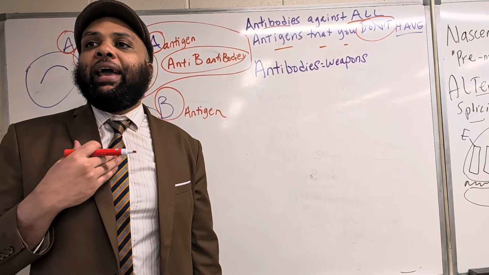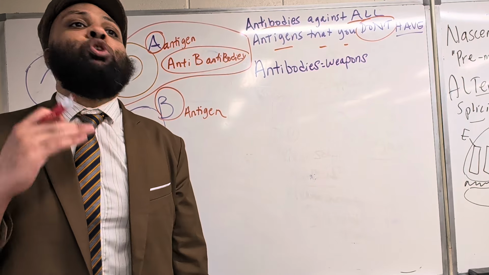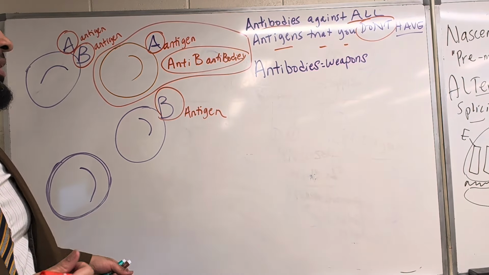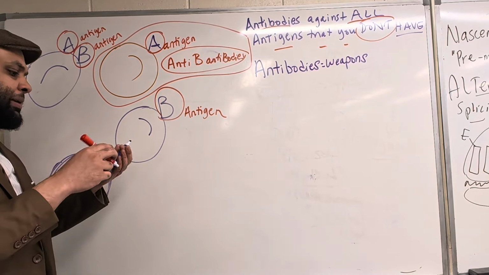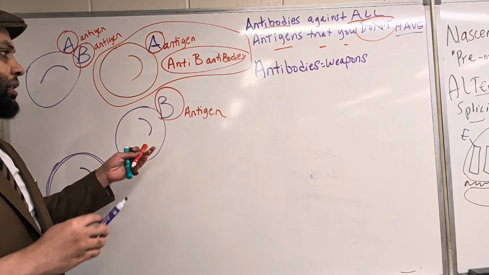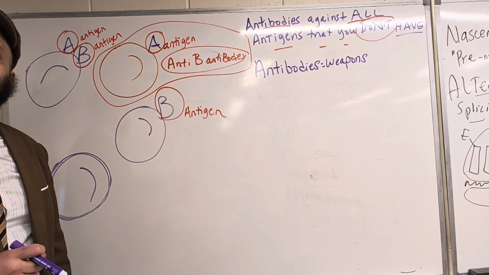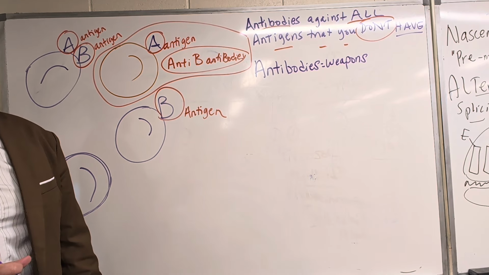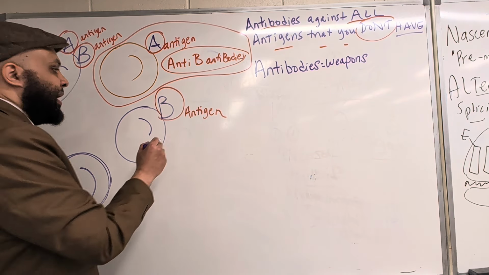So everybody has antibodies against what you don't have. So A will have anti-B. What about B blood? They will have what type of antibodies?